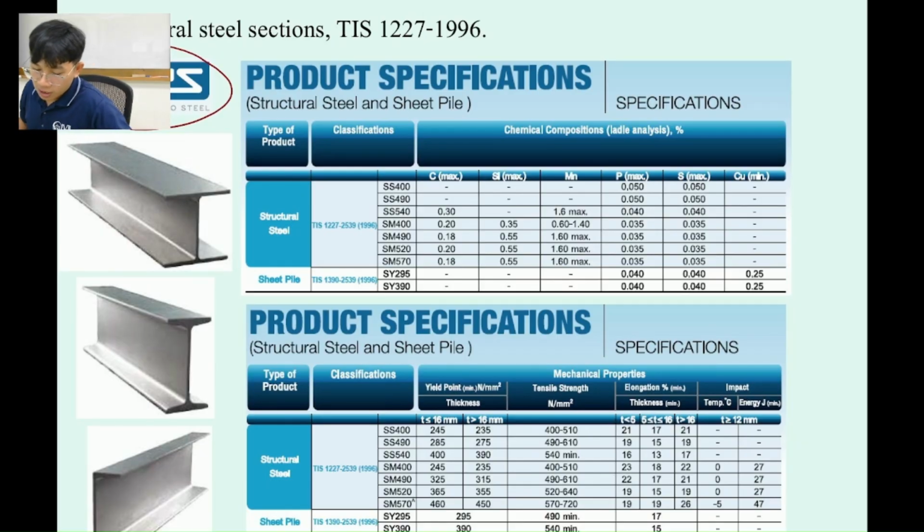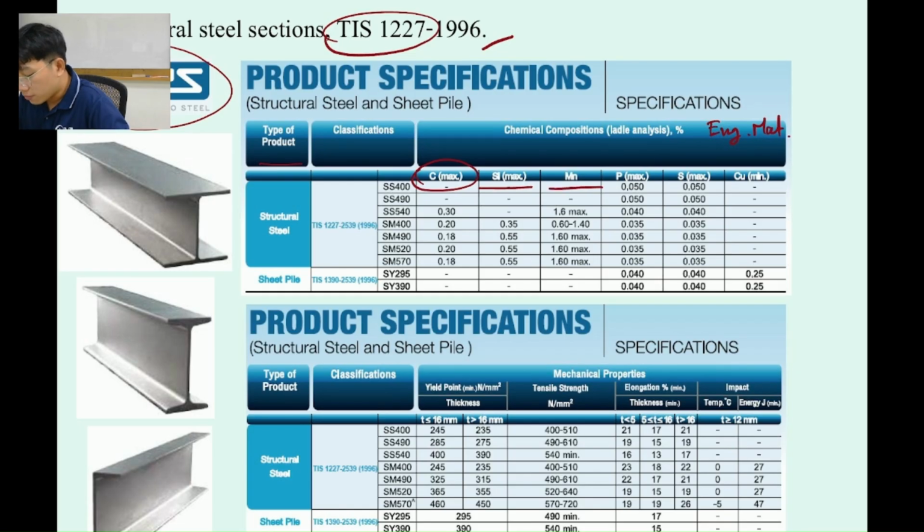For the hot rolled steel over here from TS 1227, if you remember from engineering material class, you will know if you would like to produce some structural steel like this, they tell you the formulas in order to form the steel. For example, if you mix it, you're going to produce this kind of steel.